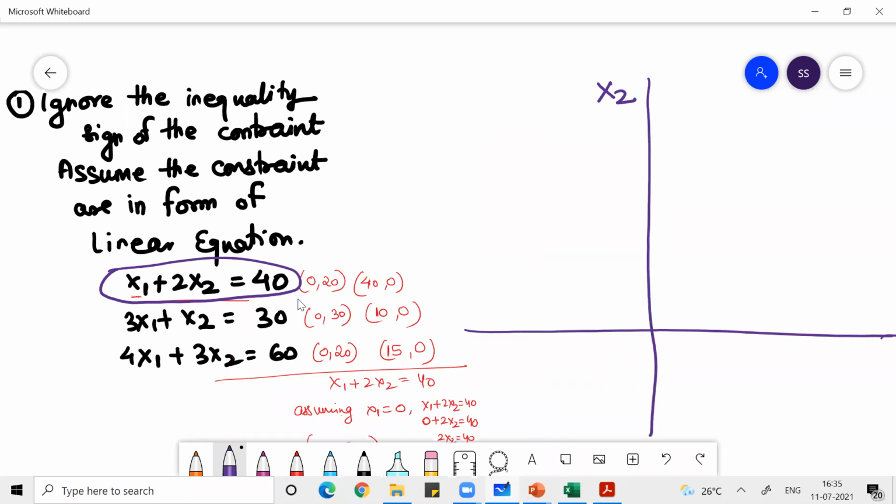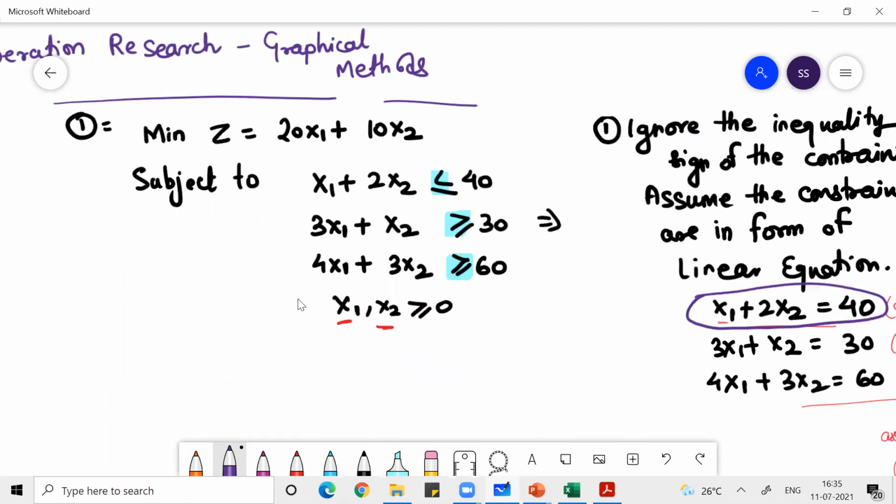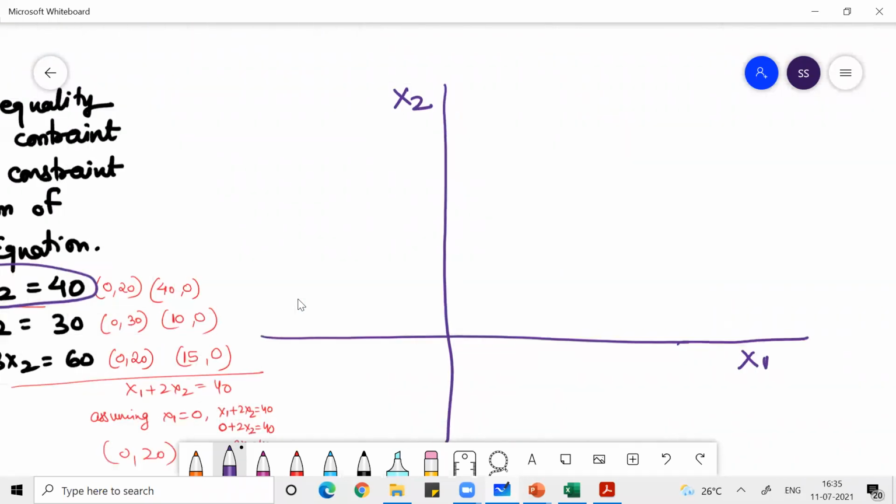Everyone knows this, right? For this problem I have two variables, x1 and x2. I have drawn the xy curve with the x-axis as x1 and the y variable as x2.